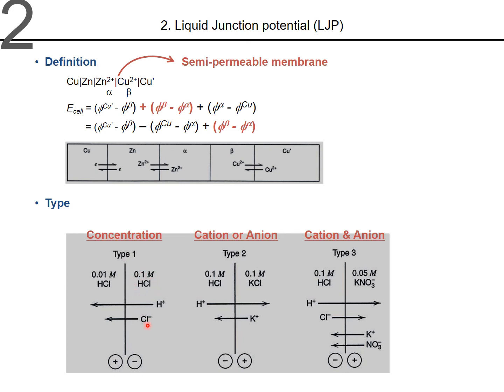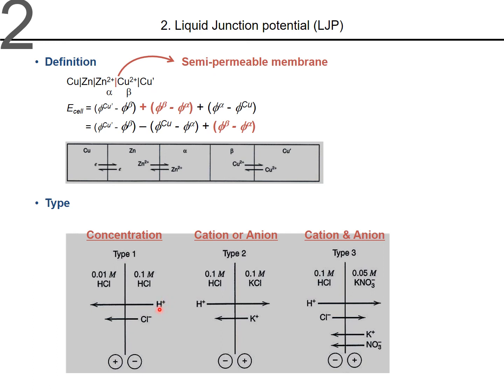In this case, we have a higher concentration of HCl on the right side, so proton and chloride minus are moving from the right side to the left side. At this point, I'd like to compare the mobility of proton and chloride minus. I have said the mobility of proton is much higher than the other cations and anions.